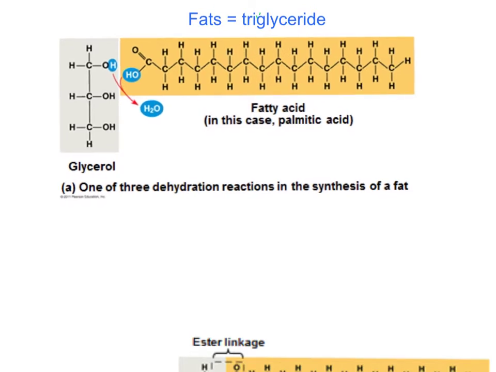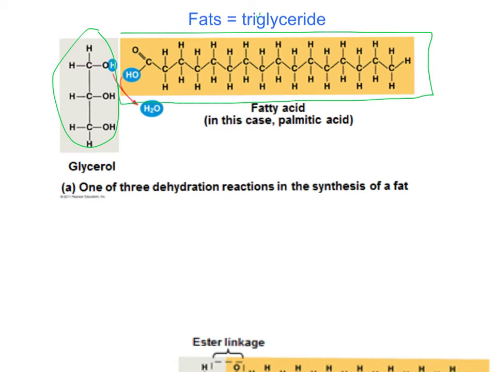So over here I've got my glycerol molecule, which is made of a carbon skeleton with three alcohol groups attached to this carbon skeleton. Remember alcohol groups from our functional groups before? And there's going to be three fatty acids that will attach to it. So there's our big long carbon hydrogen skeleton there in the fatty acid.